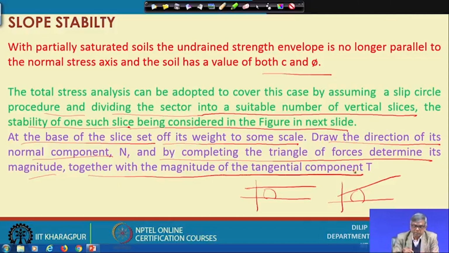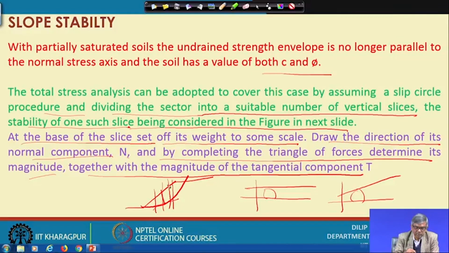That means the total stress analysis is done when there is a slope something like this, and I can make a number of slices like this, and this slice will have a failure plane something like this.